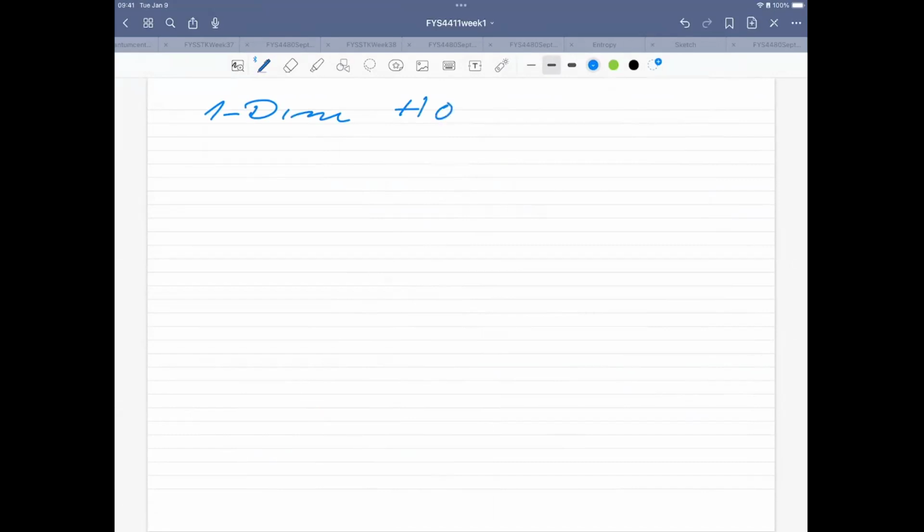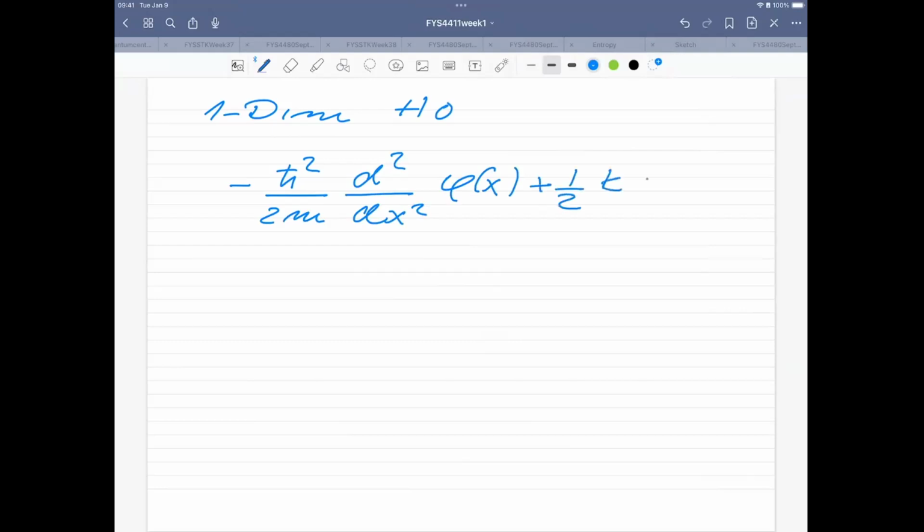The problem which we have is given by this differential equation: minus h bar squared divided by 2m times d squared dx squared acting on psi of x, plus 1/2 of k times x squared times psi of x, and this is equal to an energy E times phi of x.